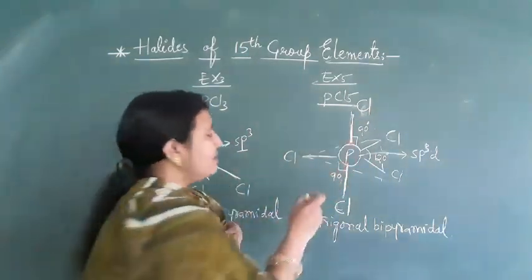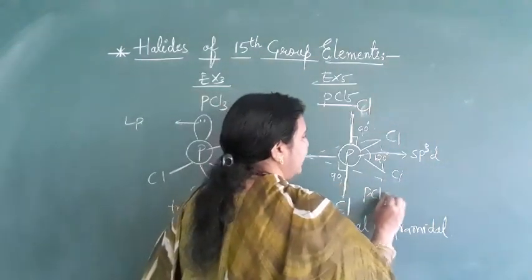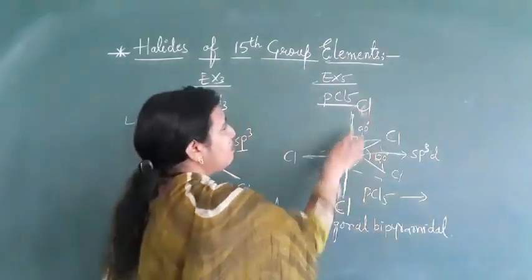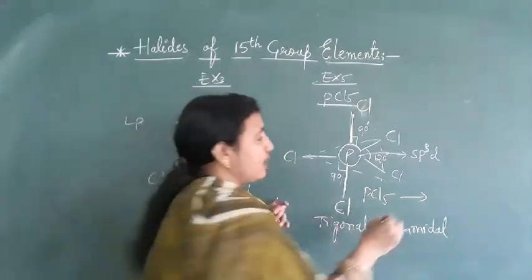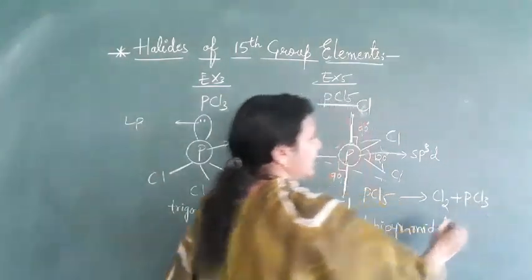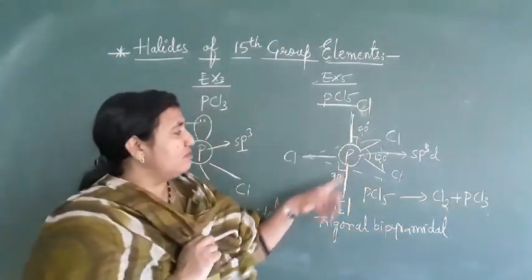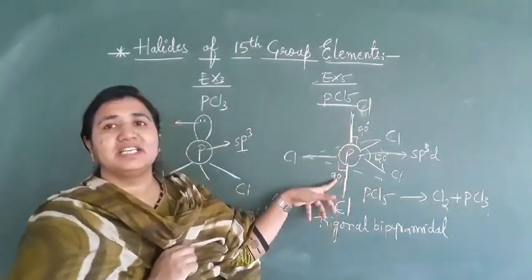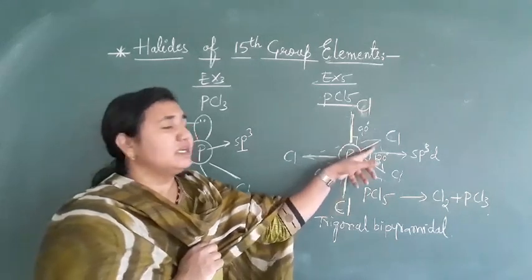Whenever PCl5 is heated, these two axial chlorine bonds break first, and Cl2 is released, and we get PCl3.